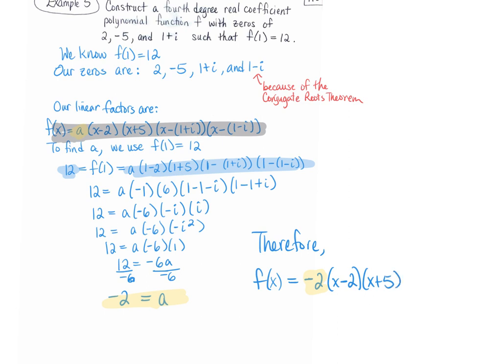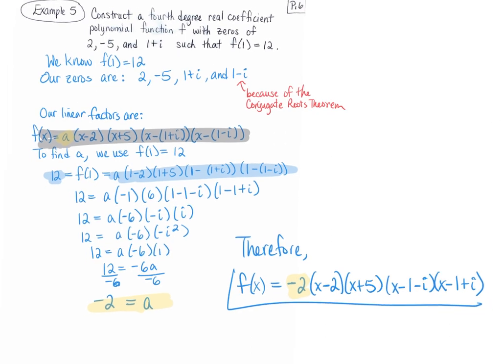I'm going to go ahead and distribute this negative here, so you're going to see times x minus 1 minus i times x minus 1 plus i. And that's your final answer. That's your polynomial of degree 4.